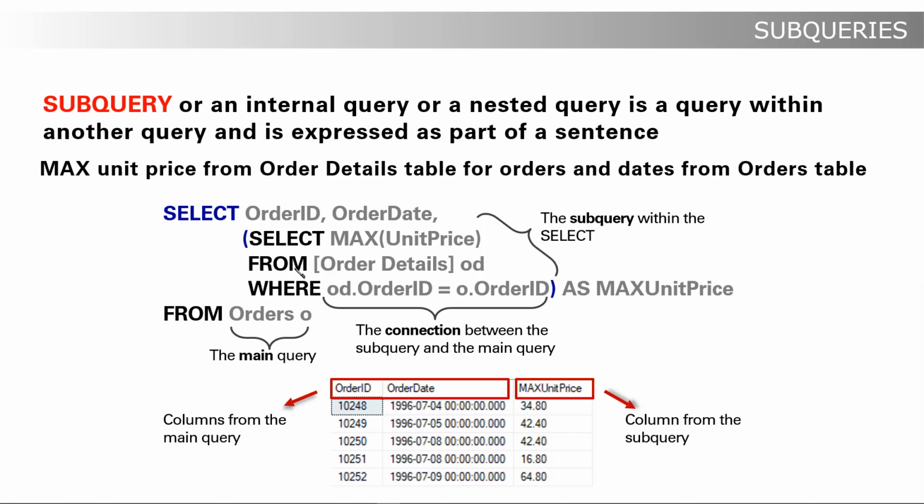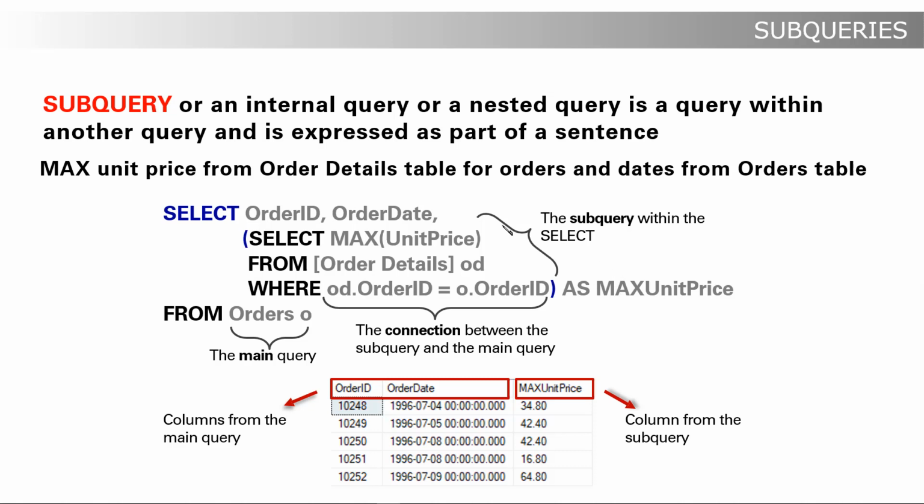So if we call the order details OD, this is the new name, and we have in the external table the order ID, so we know that the order ID belongs to the orders table, and the order ID belongs also to the order details. So this is the related column. We need to connect between them with where. And let's call this new column max unit price.